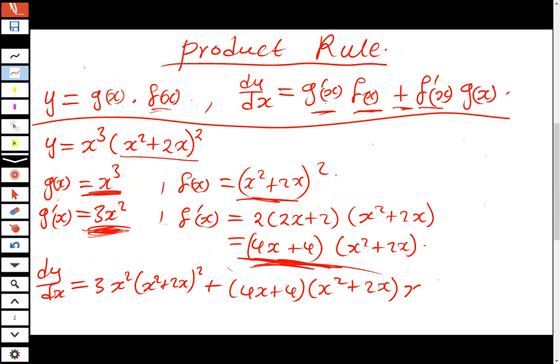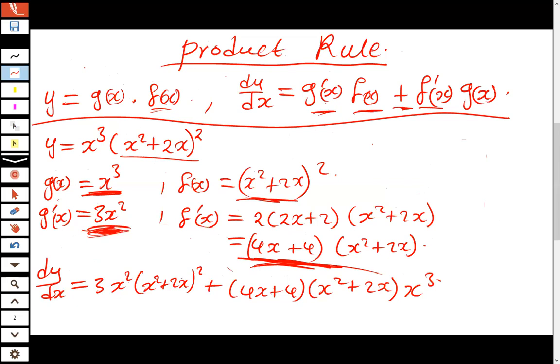So this is the solution for the expression there. But if you want, you can factorize it further. This is not the simplest, but you can factorize it if you want. So this is how you differentiate an expression using the product rule.